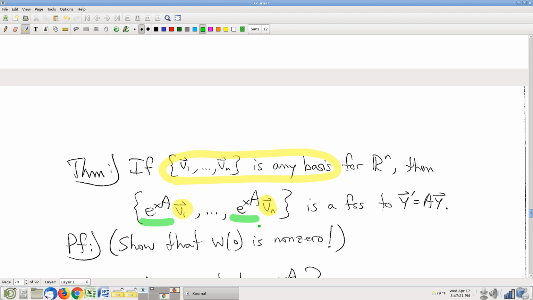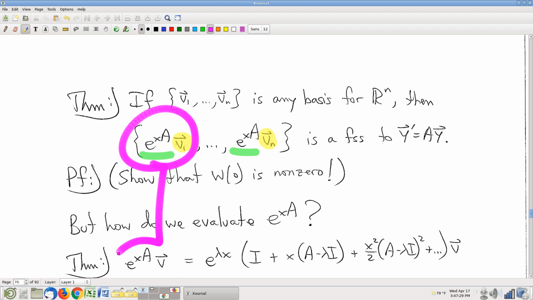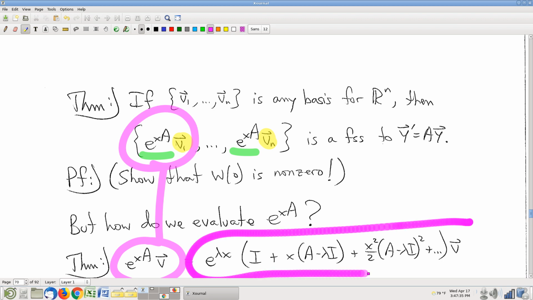But here's a nice punchline to some inconvenient algebra. These kinds of expressions, matrix exponential times a vector. Here is an alternative formula for computing. And it ends up being the case that this is a great convenience.